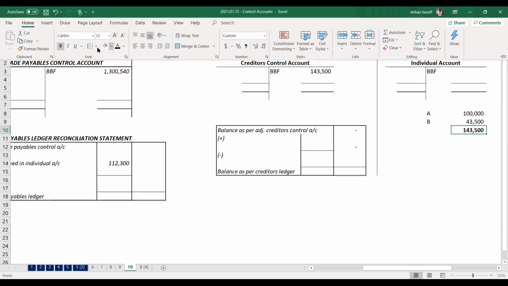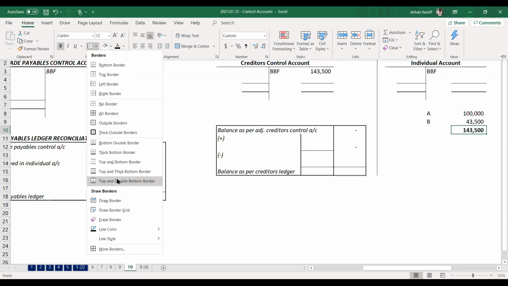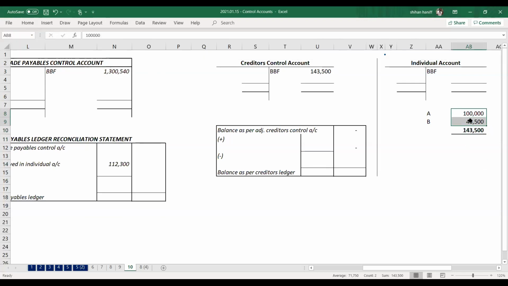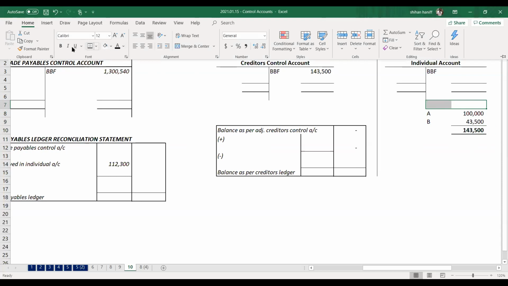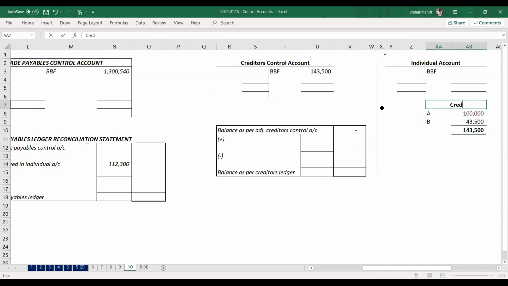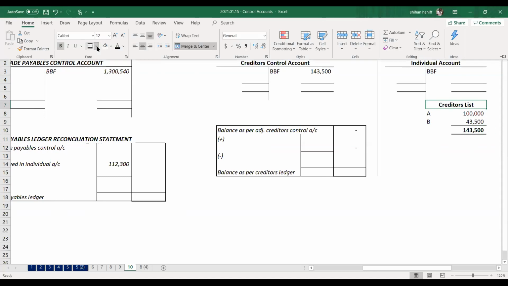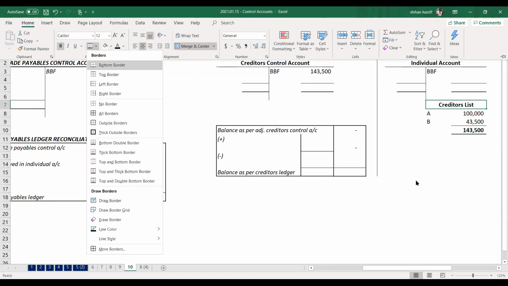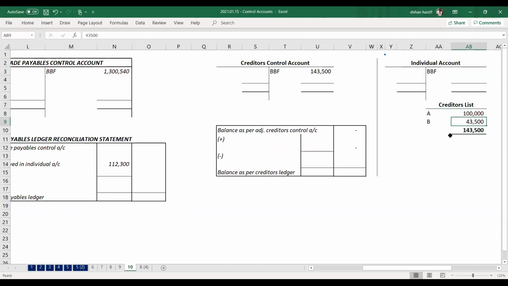This is the debtors list. We prepare the debtors list for individual accounts. Right? So that debtors list or creditors list balance should be equal to the control account balance. So in the creditors list, a credit balance which is 43,500.